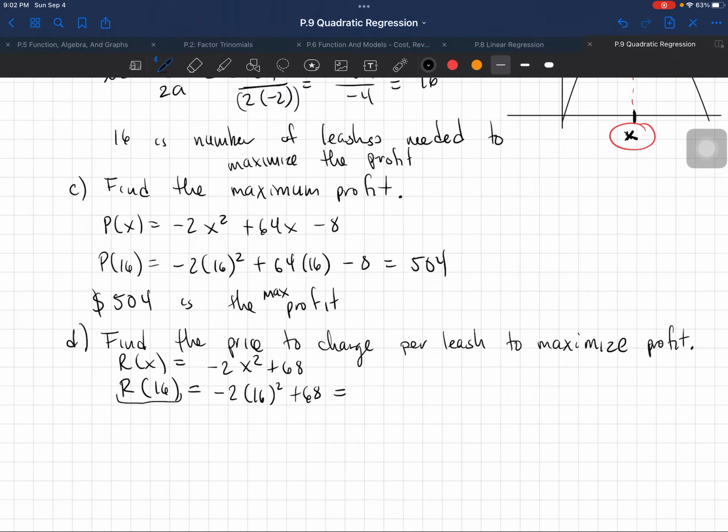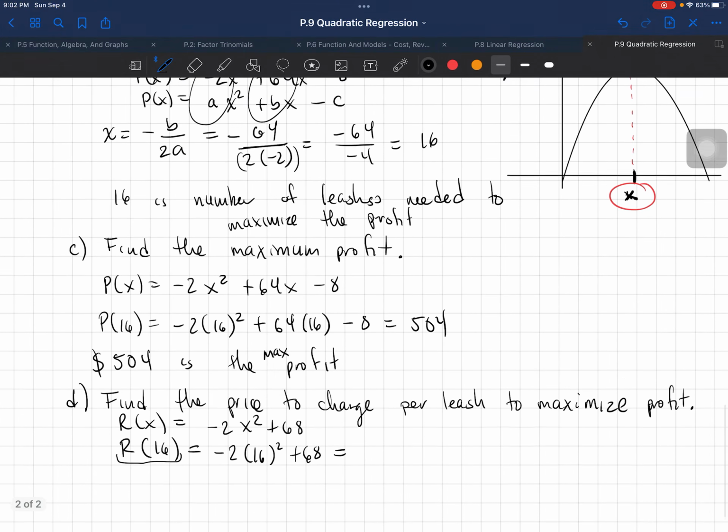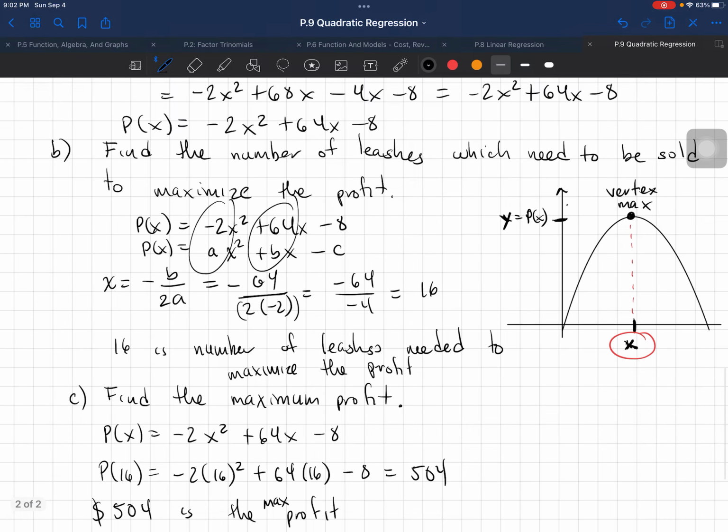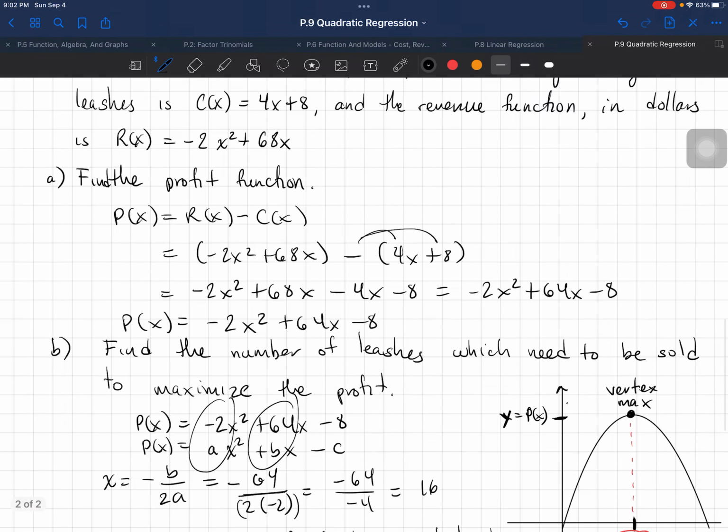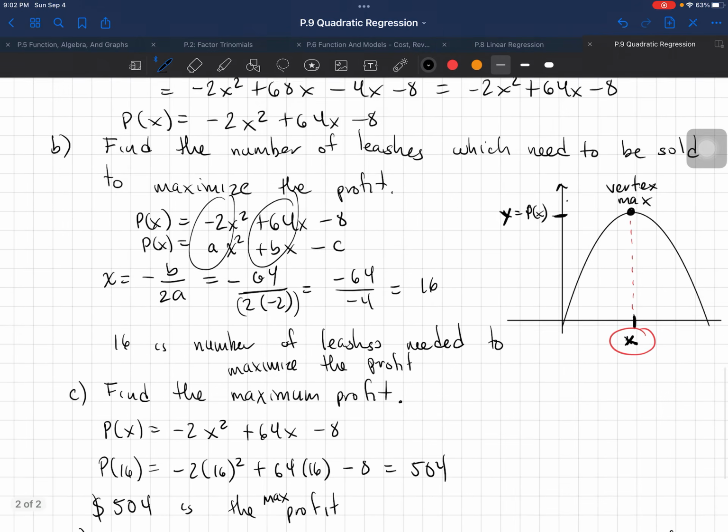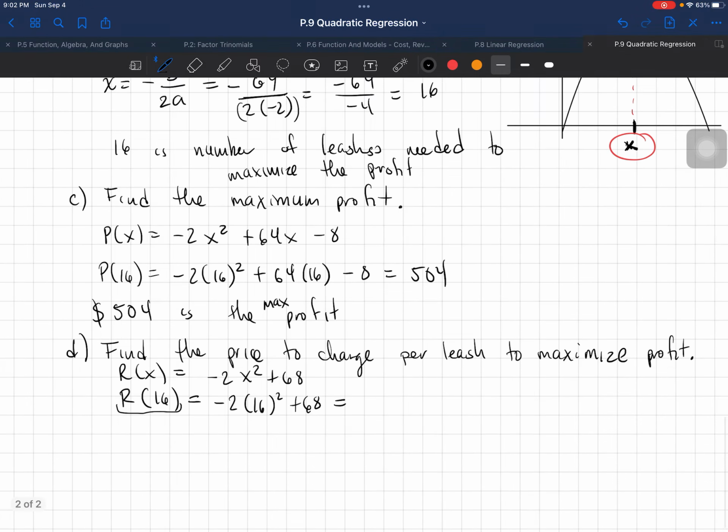Sorry, I missed something here: that's an x there, and this will be a 16. All right, so let me try this again.